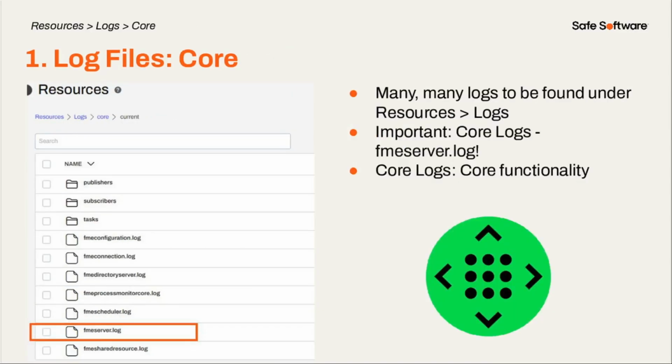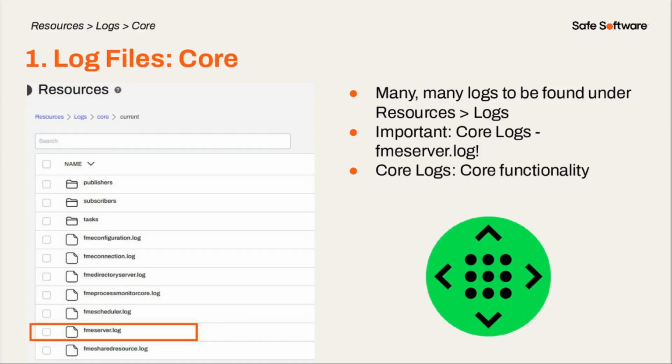All log files can be accessed via the web UI under resources logs, as I mentioned earlier. There are too many log files to go through in this webinar, but you want to especially be aware of the FME server core log file, as well as logs for core FME Flow functionality. Other core logs regarding the main functionality and configuration of FME Flow, for example, directory server connection issues or backup and restore task logs, can be found in the core logs.